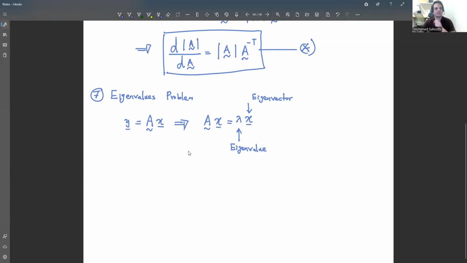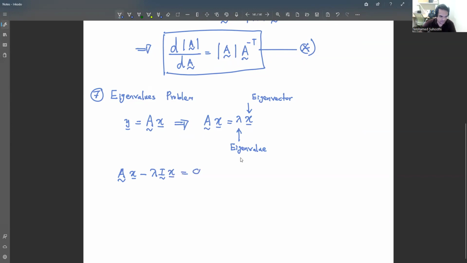Let's see how we can solve this problem. If you take it to this side, we have A matrix times vector X minus lambda. We can introduce an identity matrix here, because when you multiply the identity matrix into a vector, you get the same vector.